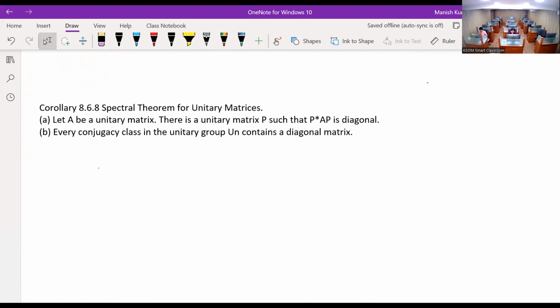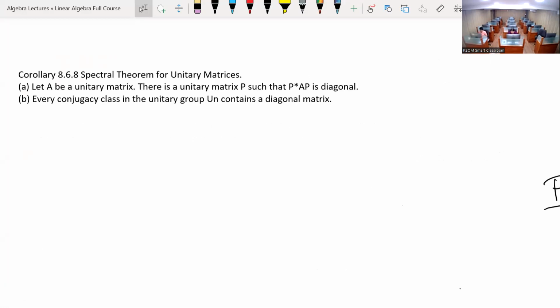A unitary matrix, as we know, is already normal, so you can apply it to any unitary matrix, and that tells you that you can diagonalize it by a unitary matrix.